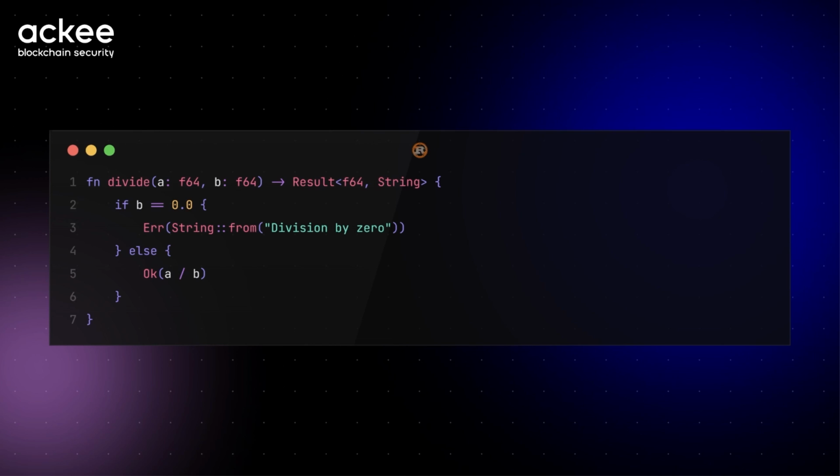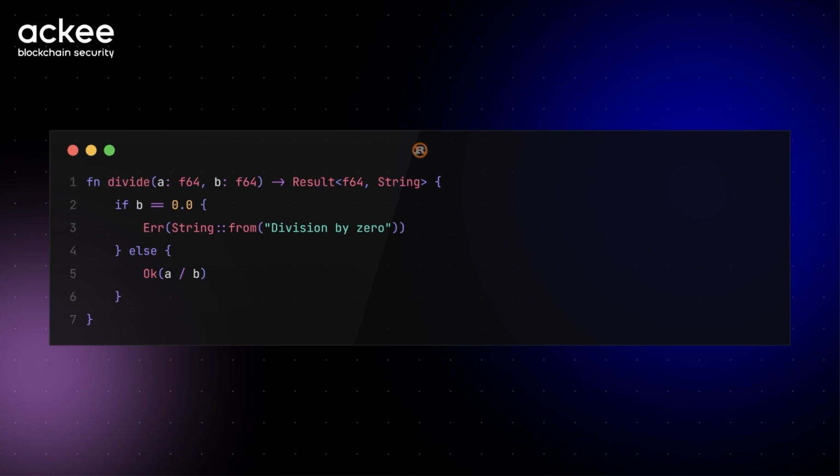What's the idea here? As we are performing division, if b is equal to 0, we cannot divide by 0, so we can return result. In this case, the result is error, the second part of the result definition on line 1. So we create the string division by 0 and we return this value.